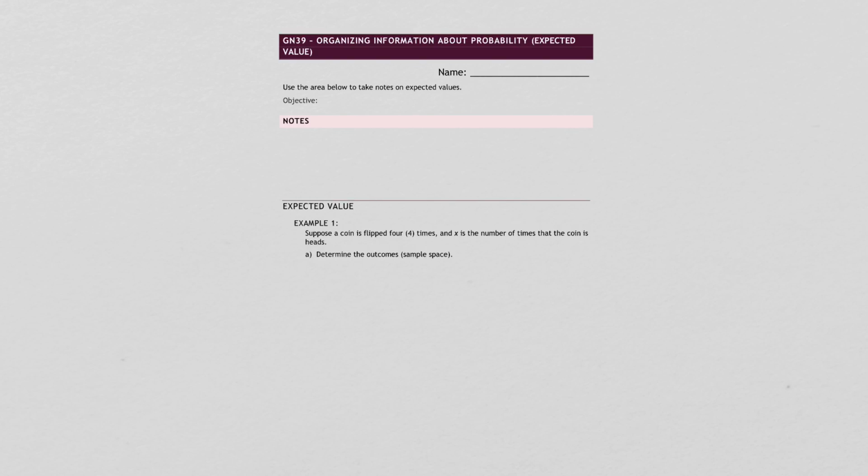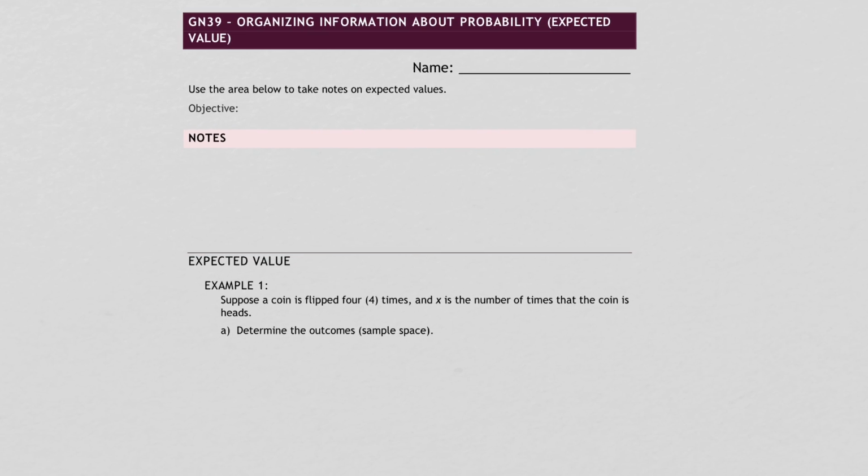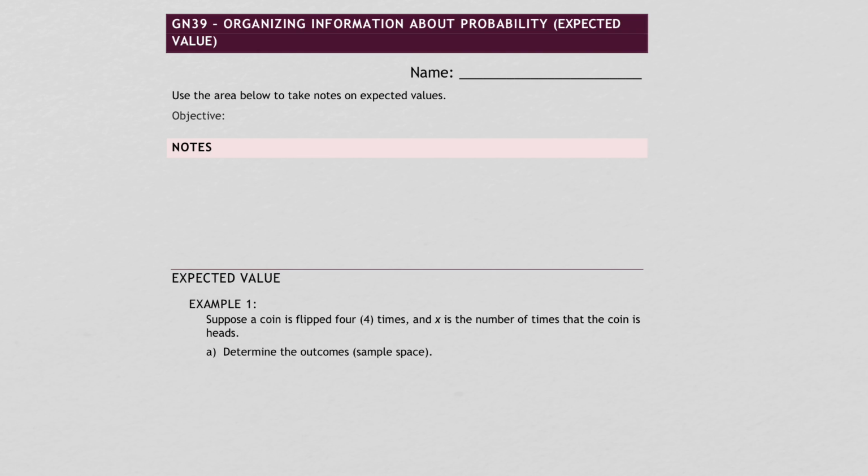Our last section on probability is about expected value. So here's how we find expected value, which I'm going to abbreviate EV. You take the value of a particular amount and multiply by that value's probability.